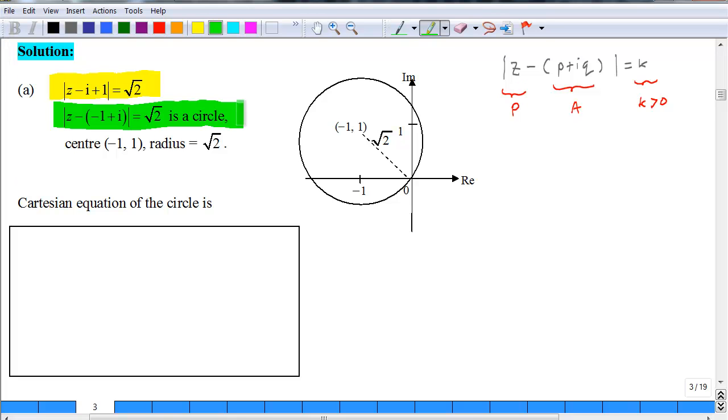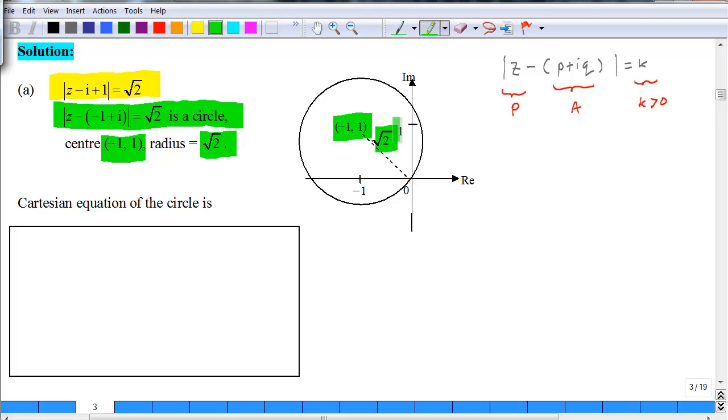Once we have written the equation in the standard form, we will immediately know the center of the circle and the radius of the circle, and then we can draw the locus of this complex number z, as you can see here. One thing to note, you need to label the center of the circle, and label also the radius of the circle.